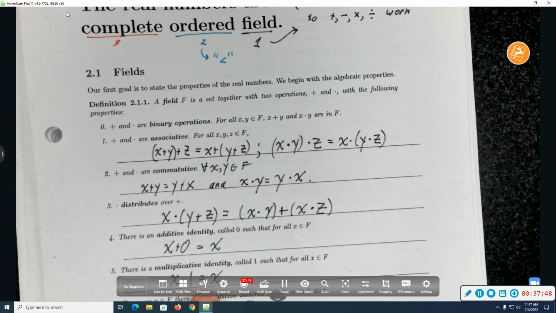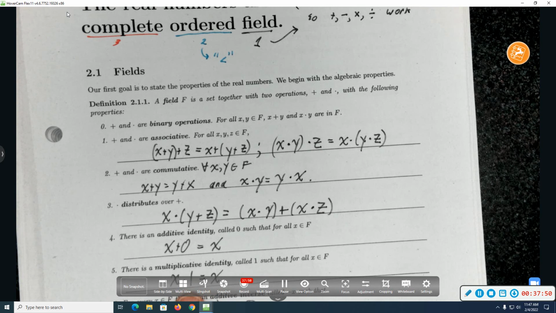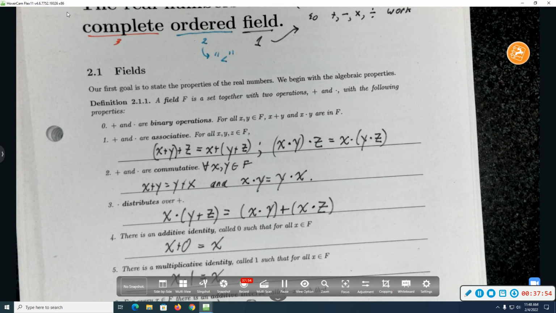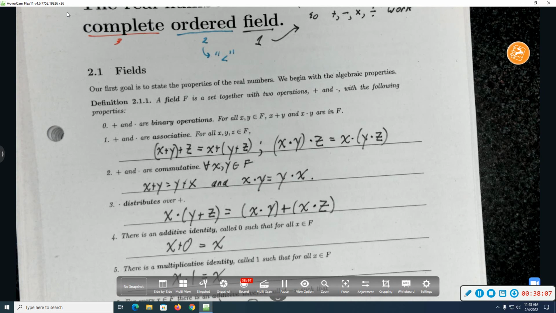Yeah, 0 times 0 is 0. So the multiplicative identity rule works if the only thing in your field is 0. And if everything is 0, then nothing needs to have an inverse anyway. So the last axiom is just vacuous. So, in fact, the set containing only 0 is a field. It's like a stupid field, but all of the axioms are satisfied.